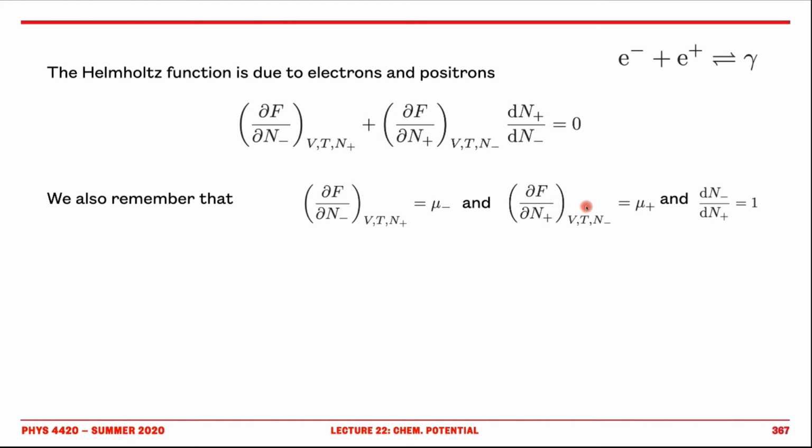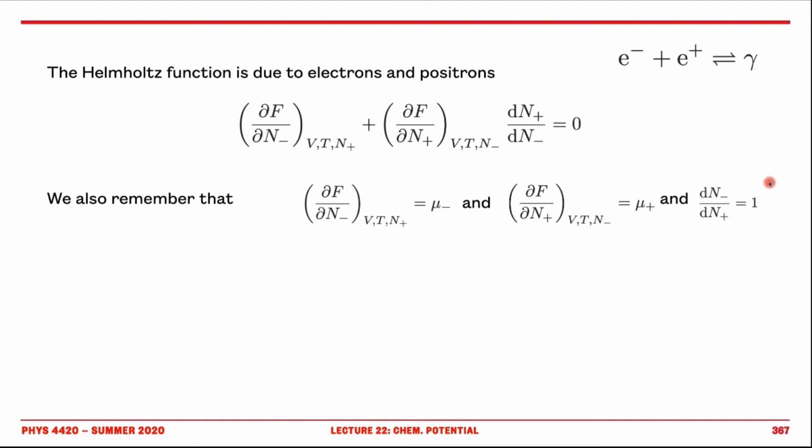At the same time, the change in electrons and the change in positrons has to be the same. Each time I gain an electron, I have to gain a positron. Each time I lose an electron, I lose a positron. This is coming from this equation, so this ratio has to be equal to 1. Remember, this is what we impose: n minus minus n plus is a constant.